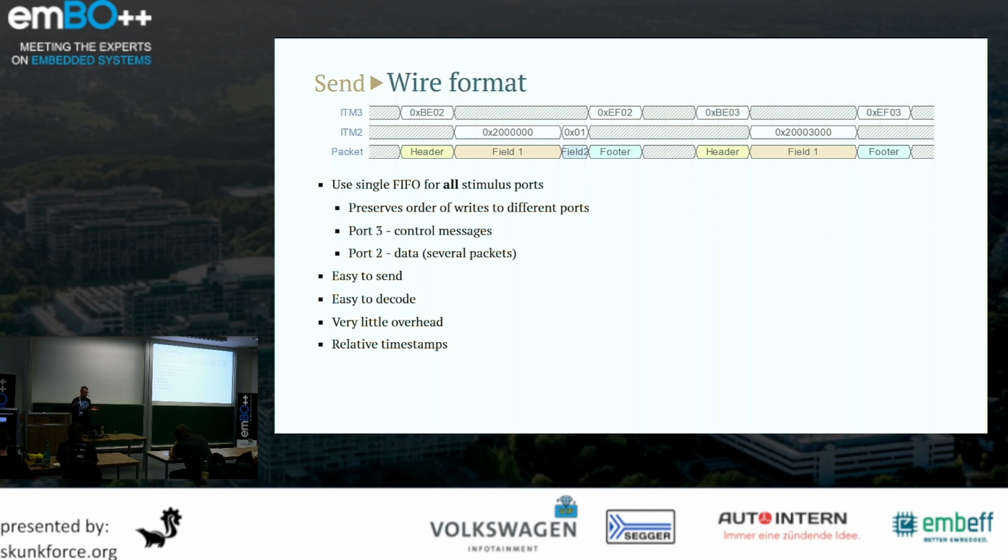Probably it can be made 8 bits, just make the event ID a bit shorter. And if we enable relative timestamp in ITM, then the timestamp will be sent automatically, and we don't need to include it ourselves. So a pretty straightforward format that can be expanded to hundreds of events if necessary.